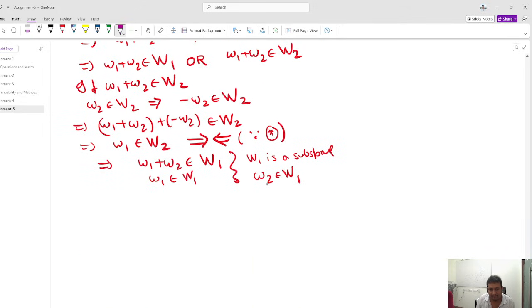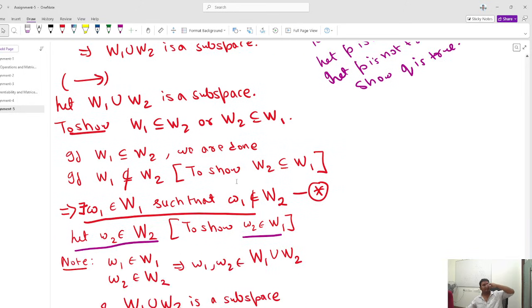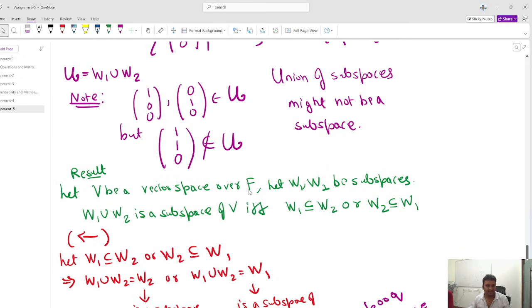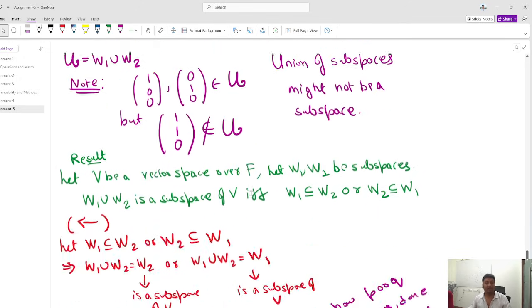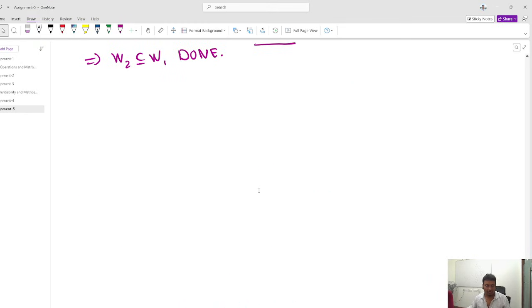So this implies W2 sits inside W1 and done. So you see this kind of small logic. I always find linear algebra to be the first course where we properly learn how to write mathematics. So this is about the whole information about the union of two vector subspaces.